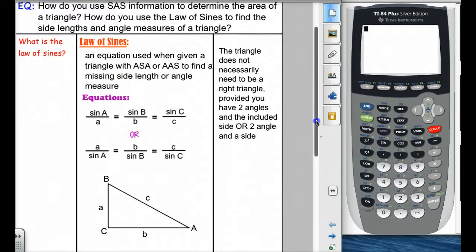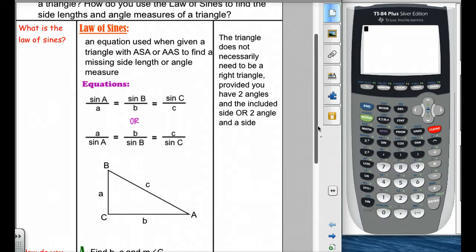Looking at this model of the triangle, it's saying that if we take the sine of angle A in a ratio over side length A, that will be equal to the sine of angle B in a ratio over B, or the reciprocal thereof, which is also equal to the sine of angle C in a ratio to side length C. And remember, it's not necessarily a right triangle. This picture just happens to be shown as such.